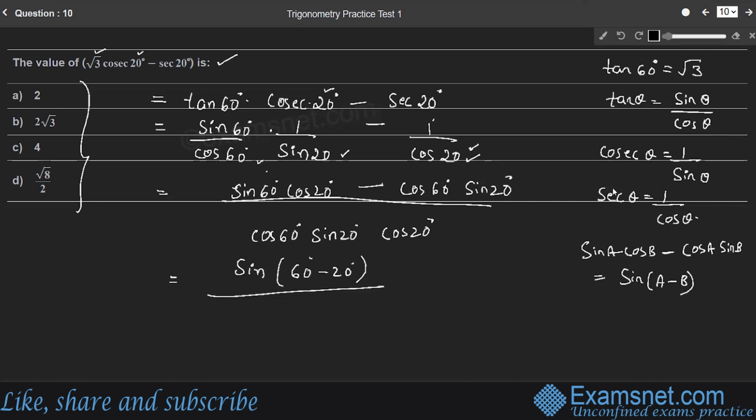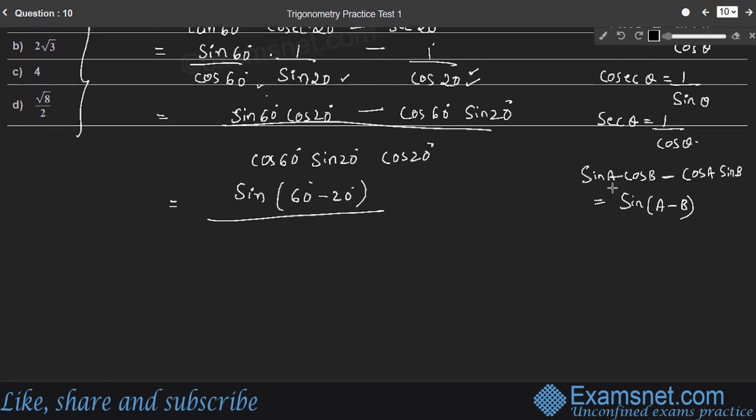divided by the denominator, which is the product of three functions: cos 60, sin 20 and cos 20. Right? So I'll consider the value of cos 60. Here cos 60 is 1 by 2. So I'll write sine 20 as 1 by 2 into 2 times sine 20.